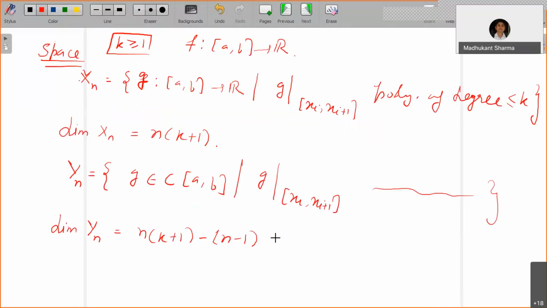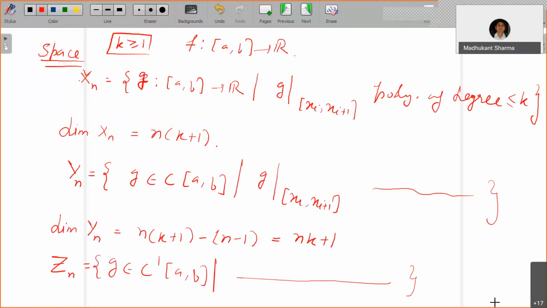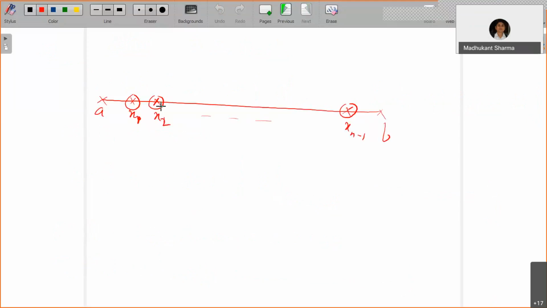If you simplify, this is nk plus n minus n plus 1, so nk plus 1. Now if you demand C1, so another space Zn is g belonging to C1[a, b], then you are putting one more condition, meaning two conditions at each point.